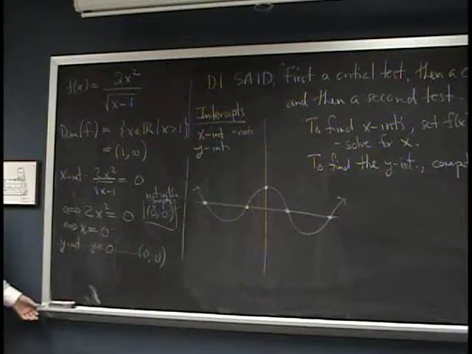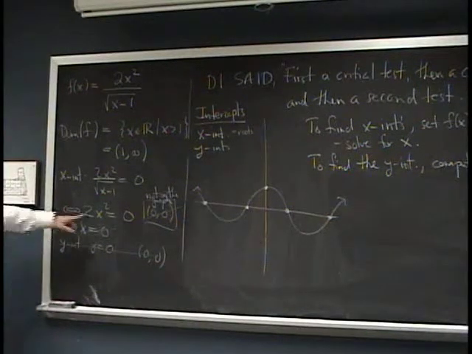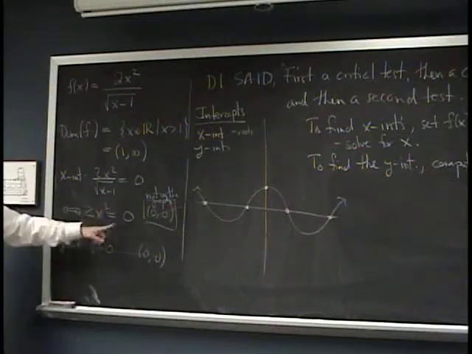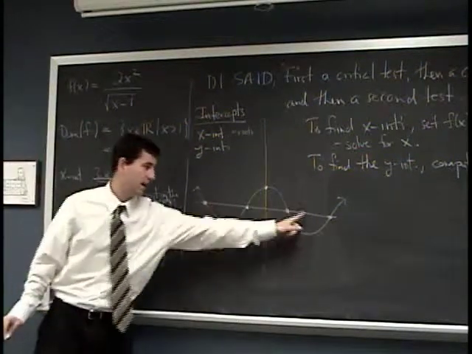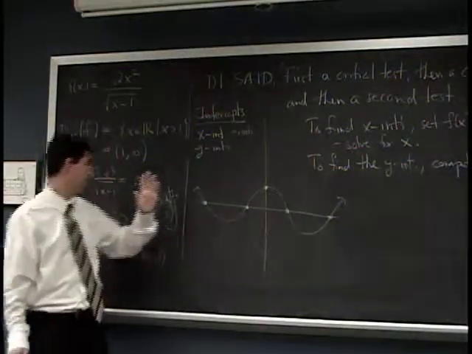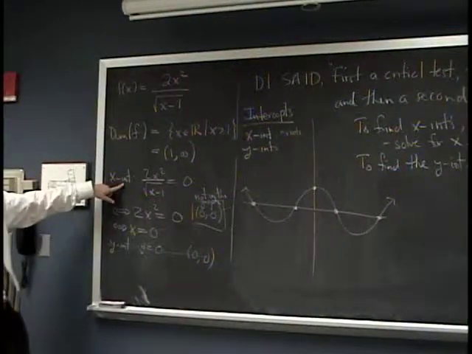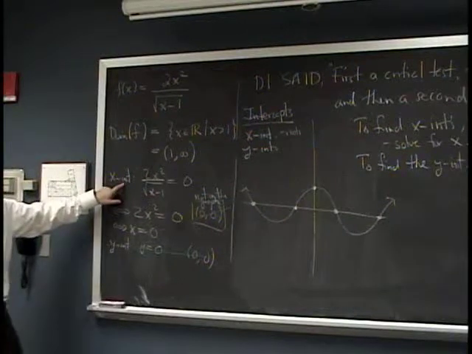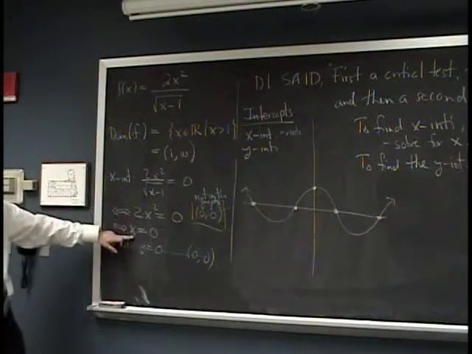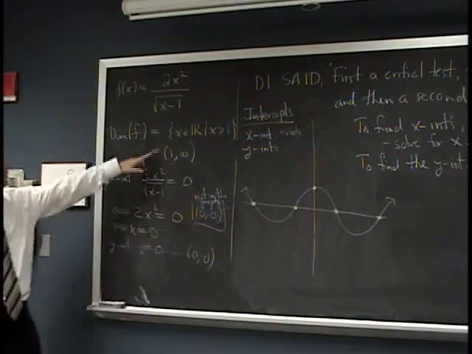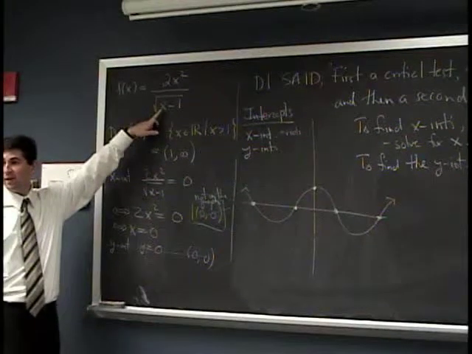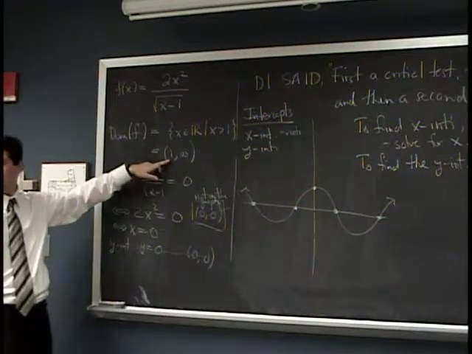Does everybody see why I had to throw that out? No? Okay. So I'm supposed to have an x-intercept, which means it hits the x-axis, and it's supposed to hit it when x is equal to 0. But I can't put x equal to 0 into this function because it's not in the domain. Remember why not?